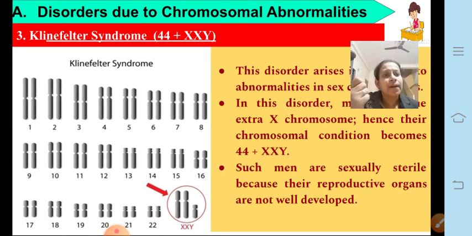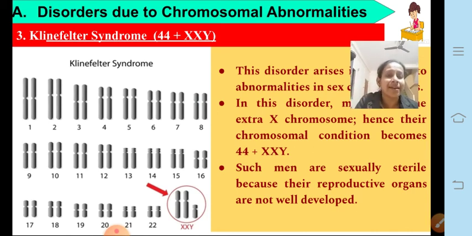Instead of X and Y chromosome, they have one extra chromosome. You might have heard about men showing behavior like that of a woman. Since they have one extra X chromosome, they behave like that.